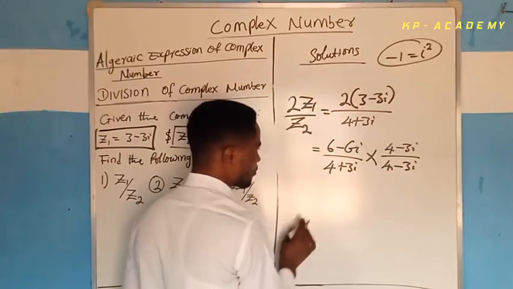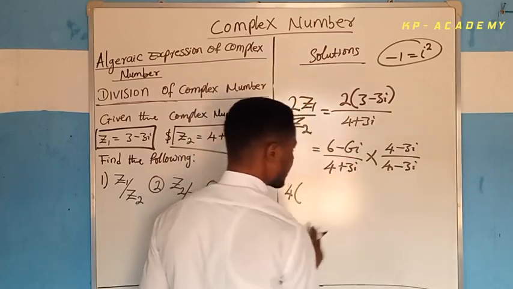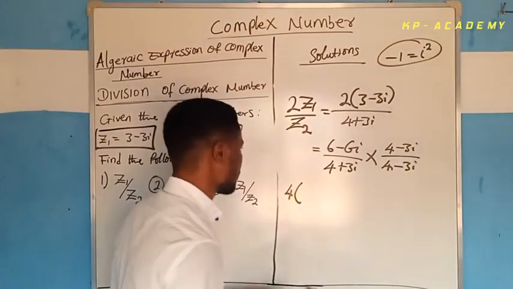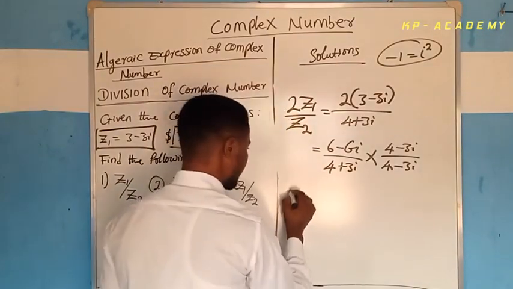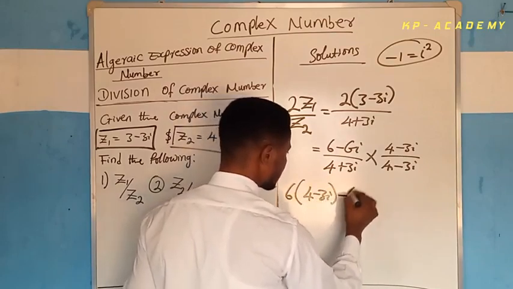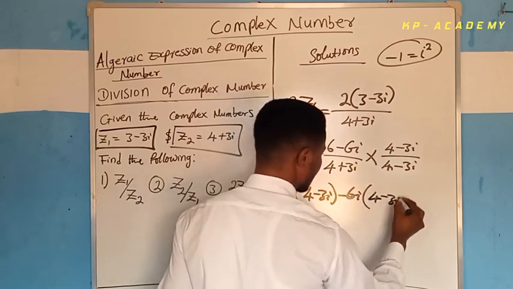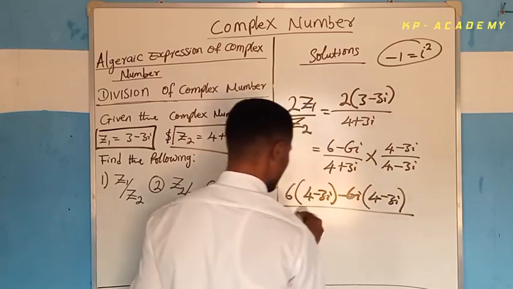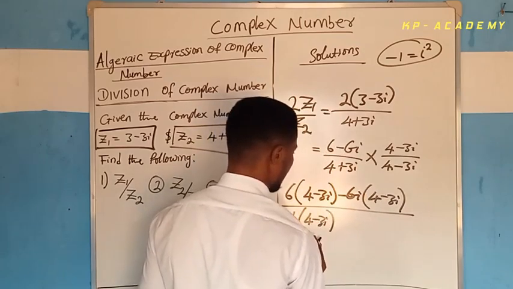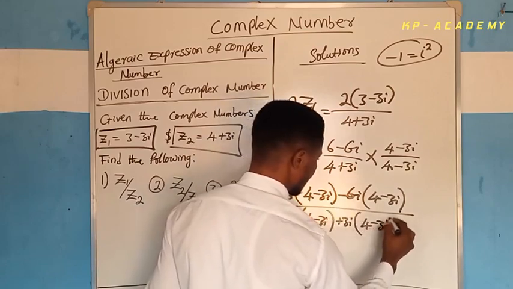Now expressing this further, I'm focusing my attention on the numerator now. I'll have 6 into 4 minus 3i, then minus 6i into 4 minus 3i, close, all over 4 into 4 minus 3i, then plus 3i into 4 minus 3i.